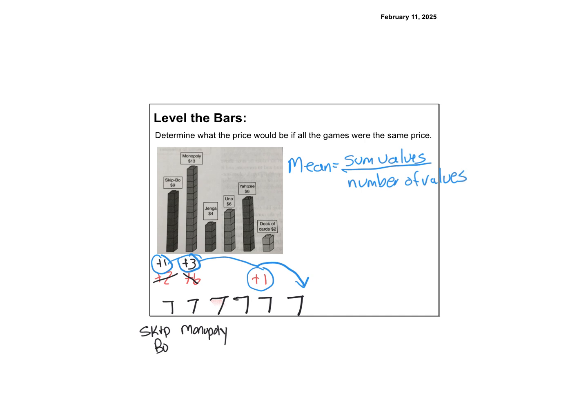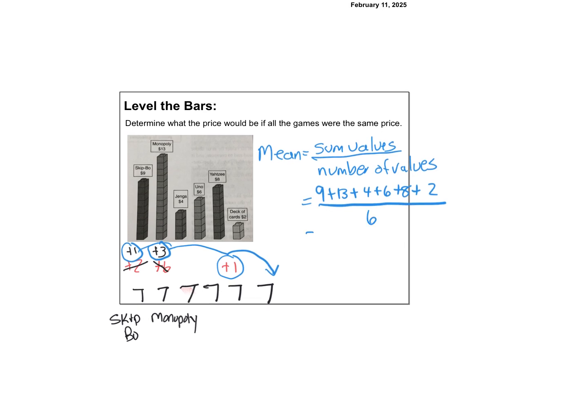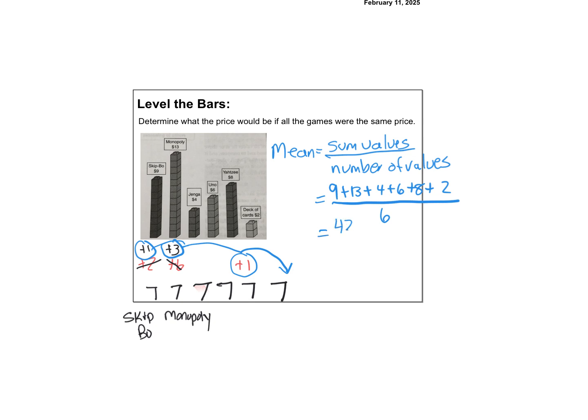And what we end up having, if we take the numbers we were given, we would have 9 plus 13 plus 4 plus 6 plus 8 plus 2, and there were 6 numbers. That actually gives us 42 over 6, and the answer is 7. But I didn't go to the formula first. I wanted to show you that we were going to borrow from the others to bring the other ones up, okay? It's a little bit easier to do if you have cubes in front of you. In other words, if you were to spread them out equally and move them around, okay?